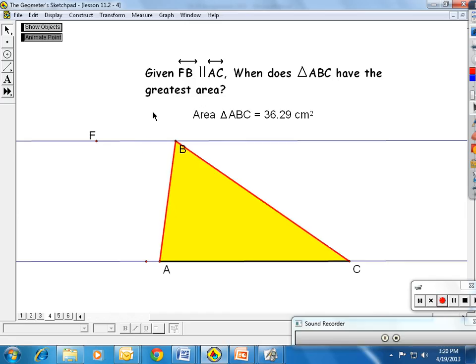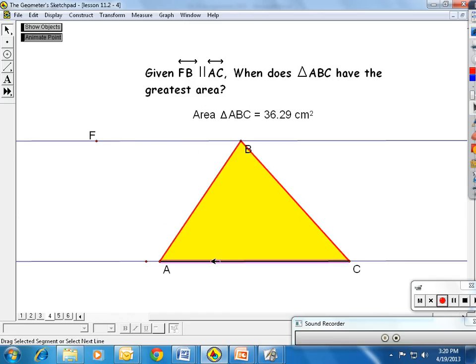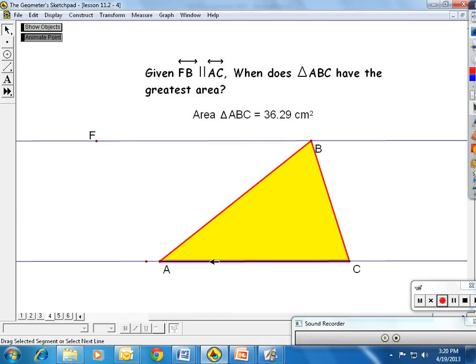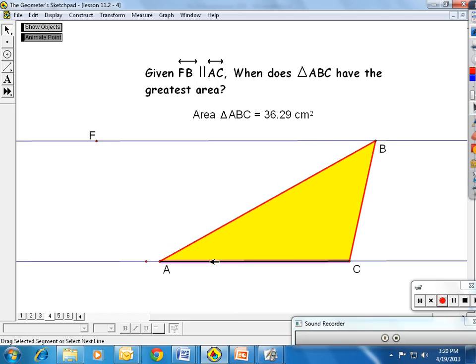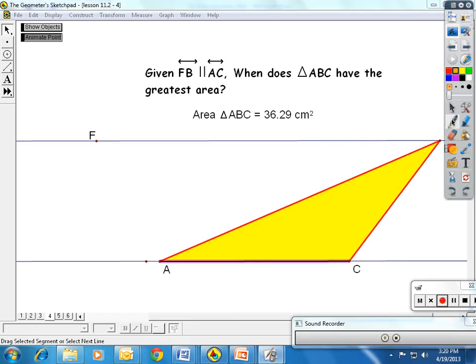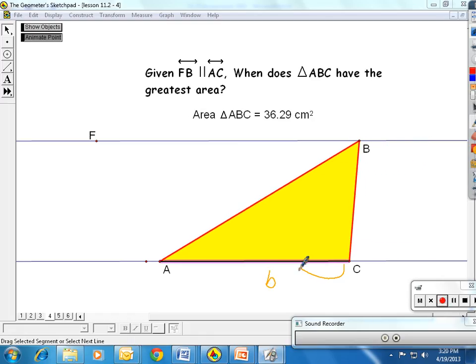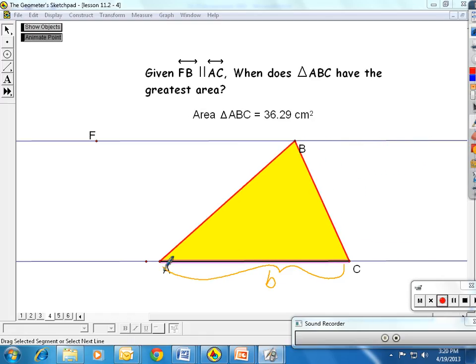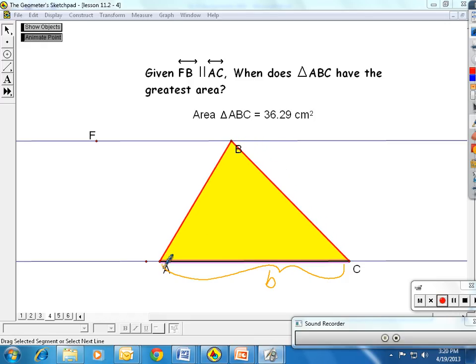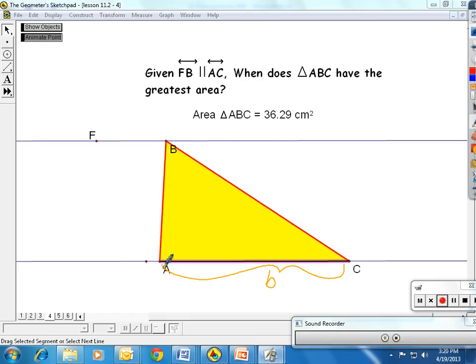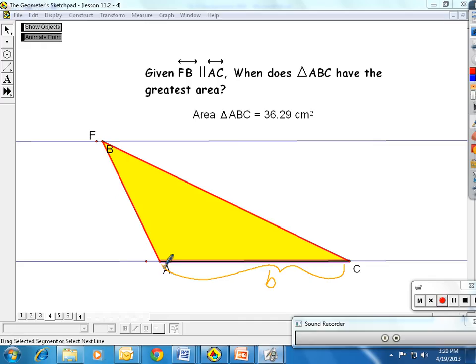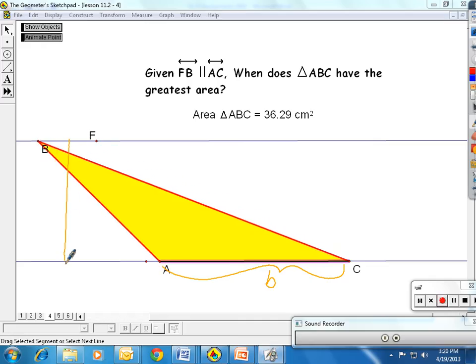Why is it not? It's right here. AC, that is my base. So here's my base. This distance is my base. Where's my height? Well, my height is this distance here. Right now, that's my height.